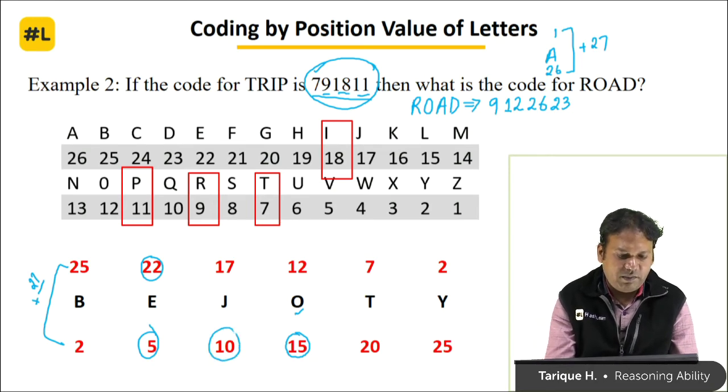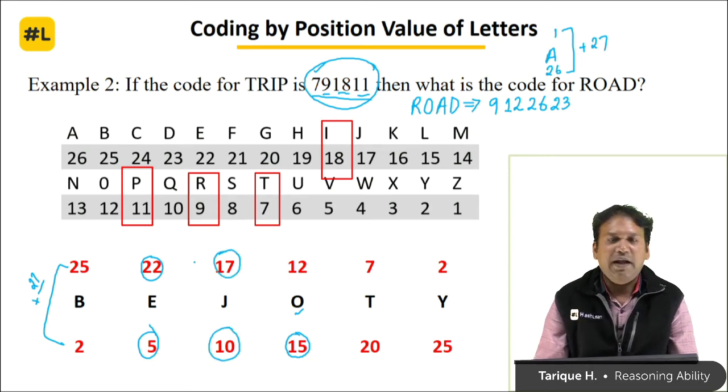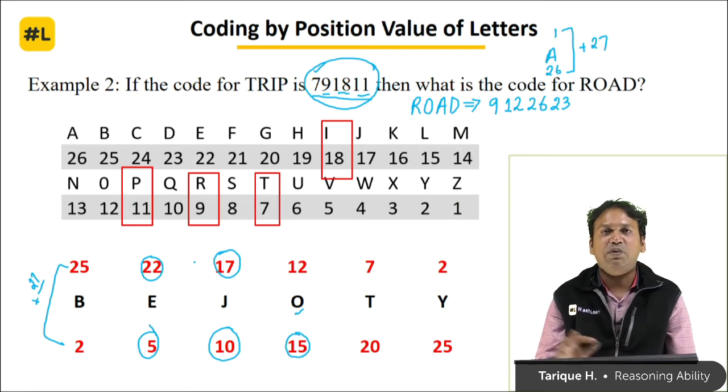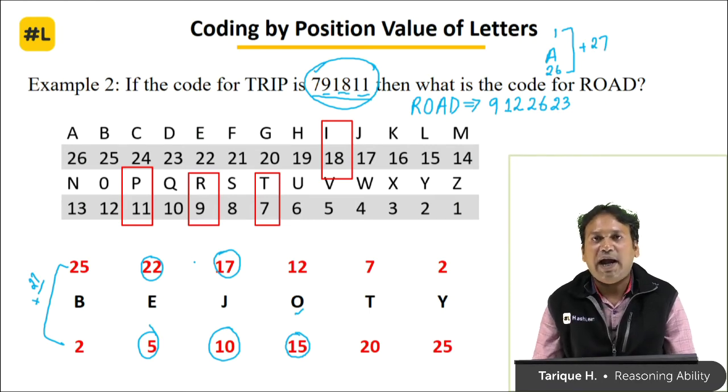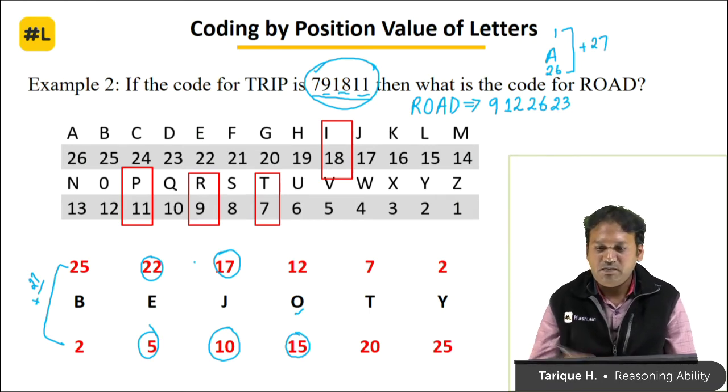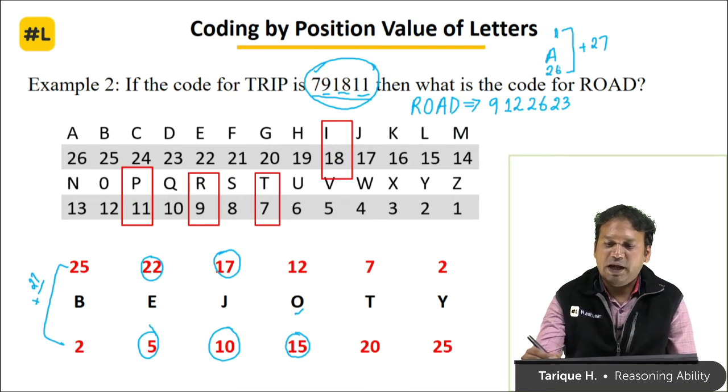J is 10 from the beginning and 17 from the end, that is also 27. So a simple rule: the positional value from the beginning and from the end for each letter in the English alphabet add up to 27. A is 1 from the beginning and 26 from the end, add them, 27.